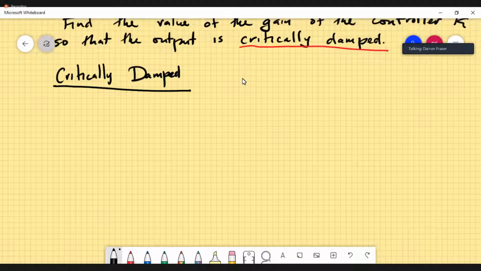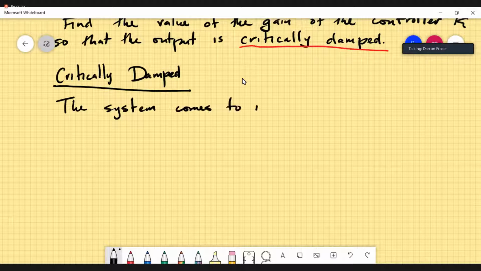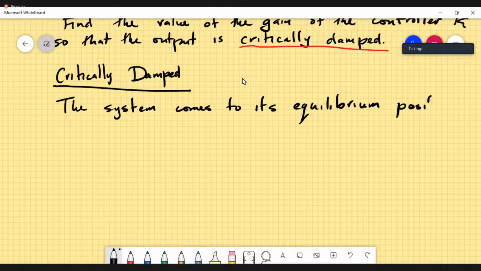So the technical definition is that the system comes to its equilibrium position after one oscillation.